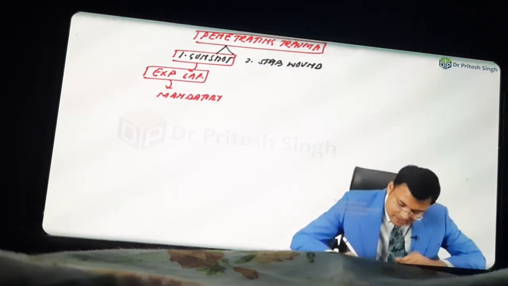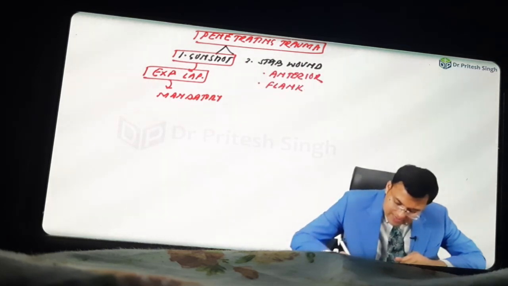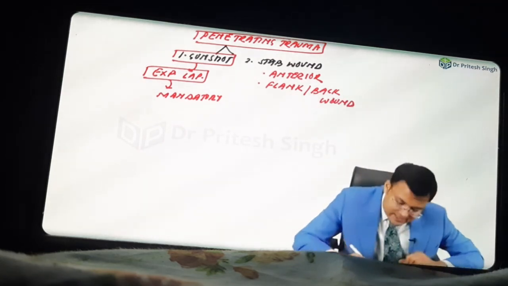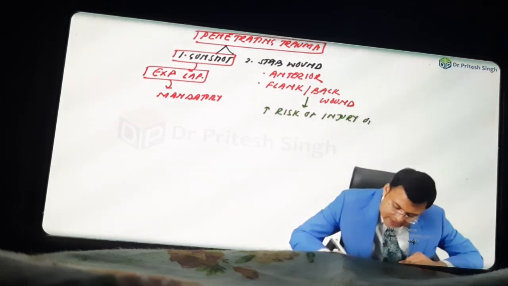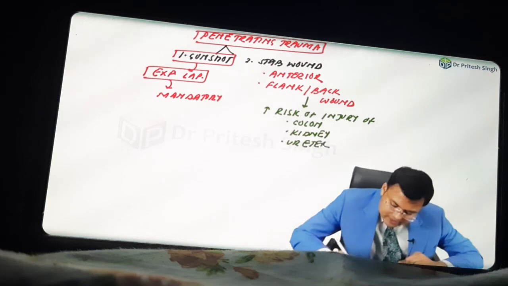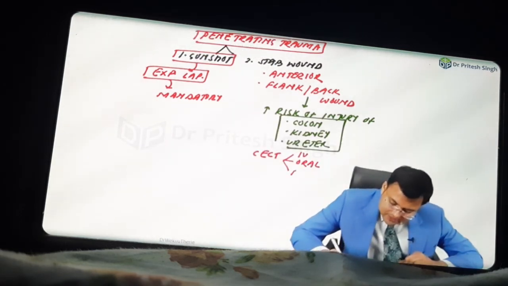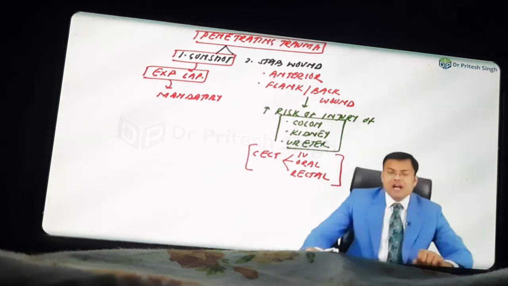The stab wound can be either anterior stab wound, or it can be flank or back wound. So whenever there is back stabbing or back wound, in these cases, there is increased risk of injury of colon, kidney, and ureter. That's why here we have to perform CECT with triple contrast, IV, oral, and rectal.